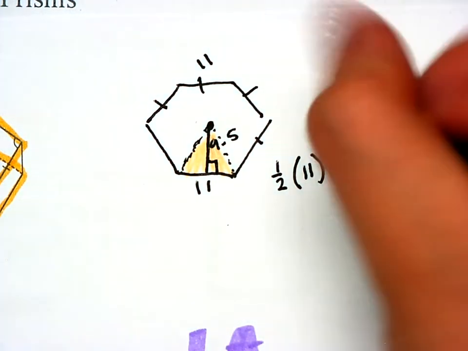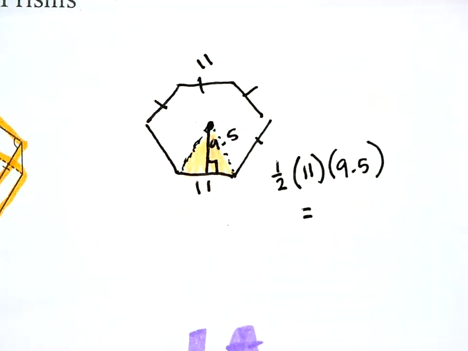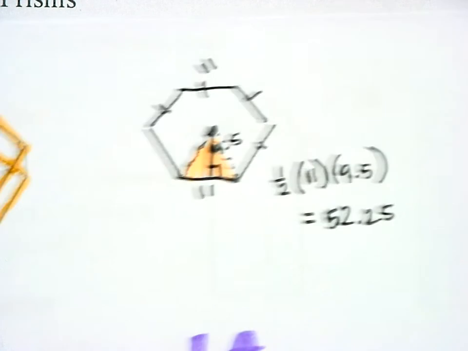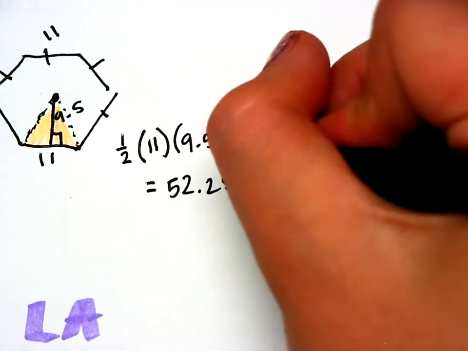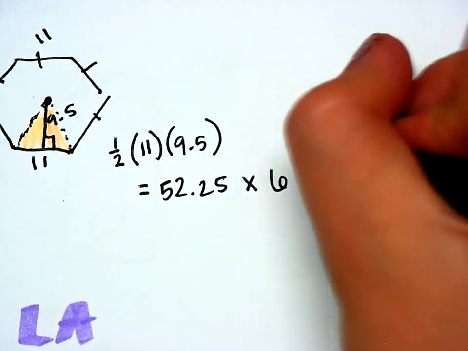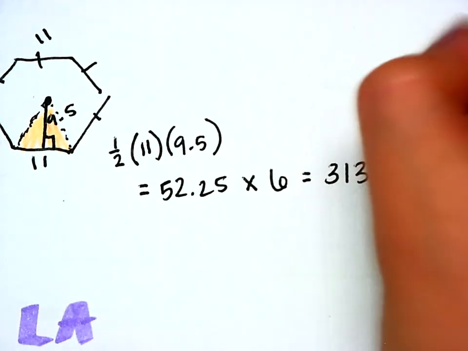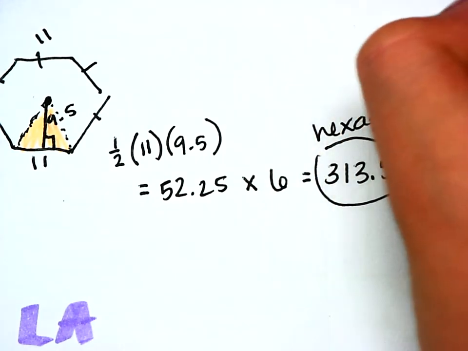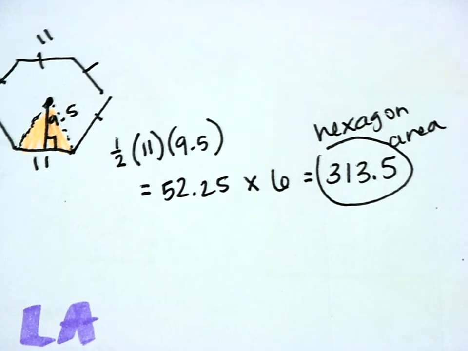So let's find what that area is. So 0.5 times 11 times 9.5. So this gives me 52.25. And then we need the whole hexagon, so we need to multiply this by 6. All right. That gives me 313.5. This is the hexagon area. So that's just one base.